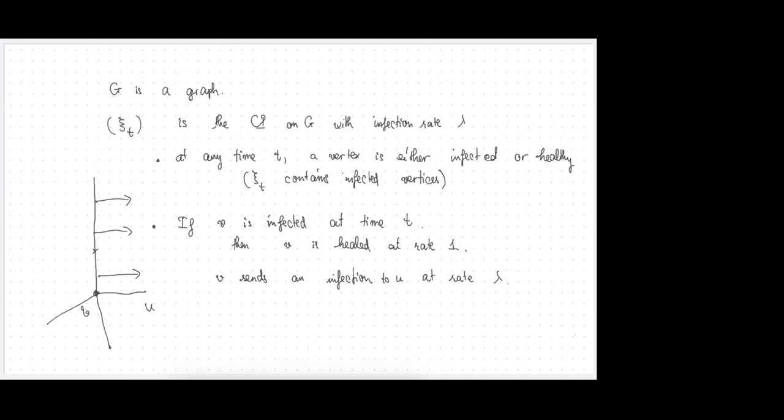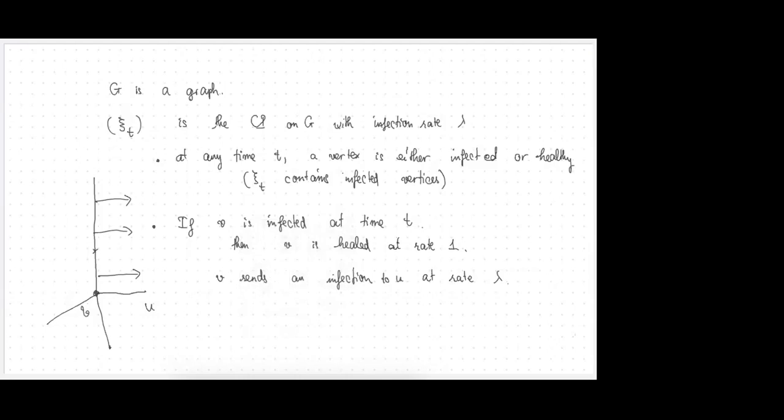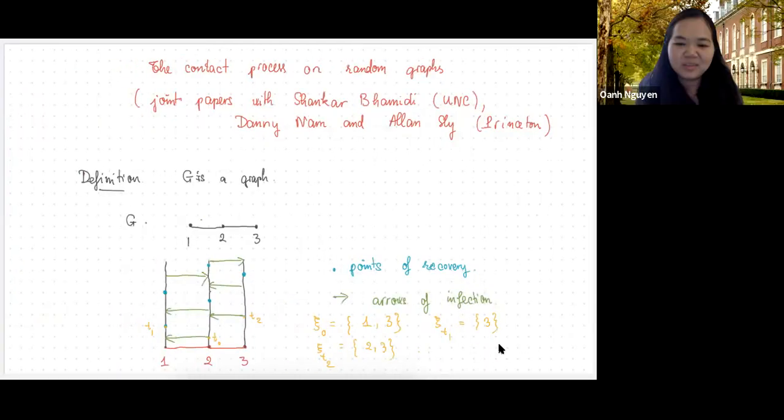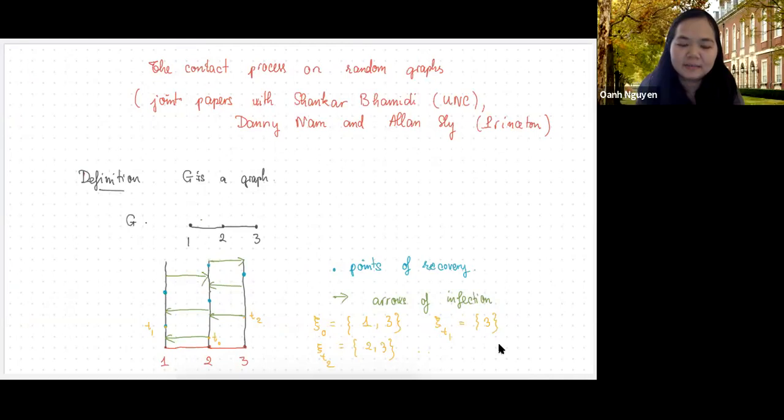So I should think that some vertices are randomly colored, and C_t is this colored set of vertices. X_t is the set of infected vertices, right? Yes. Okay. Thank you.